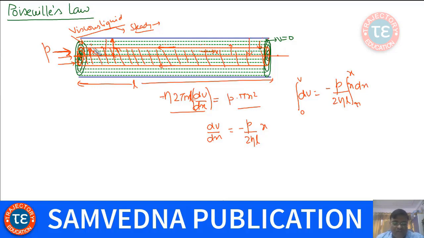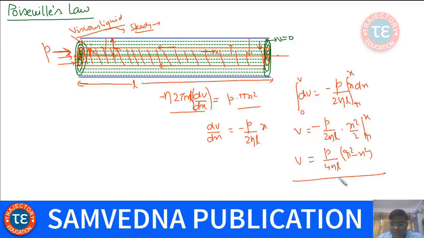So we can say v equals P upon 2ηL into (x²/2 minus r to x), or this is P upon 4ηL (r² minus x²).